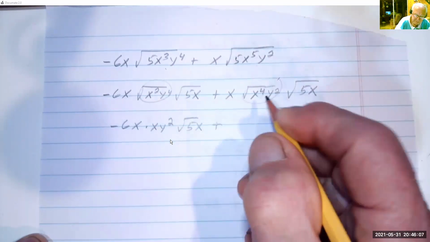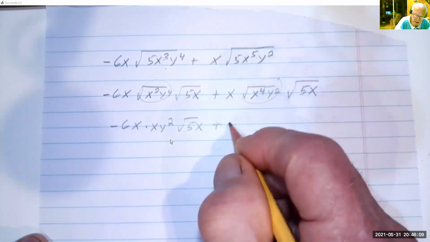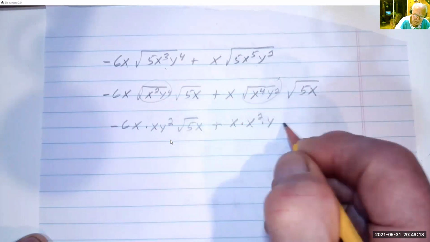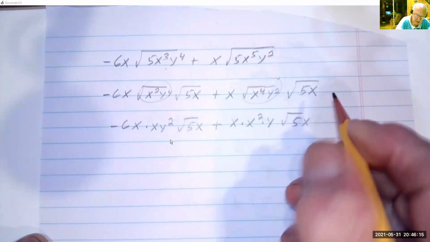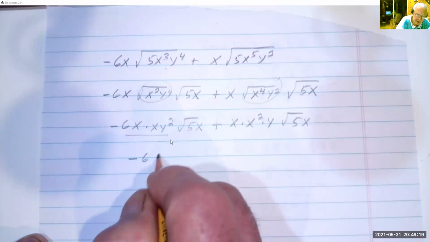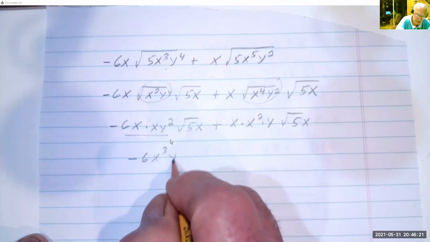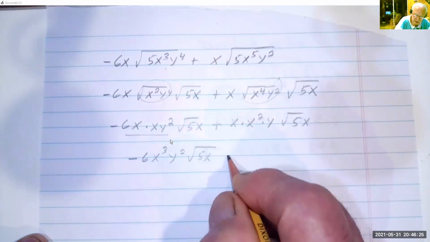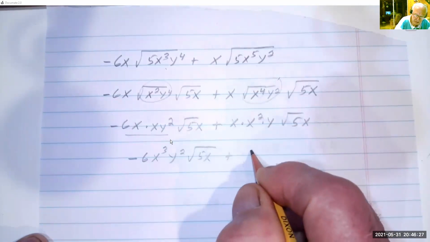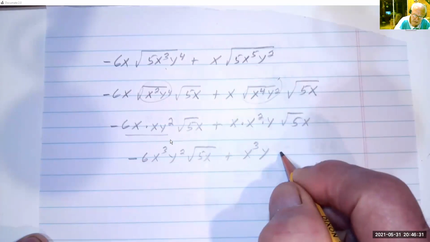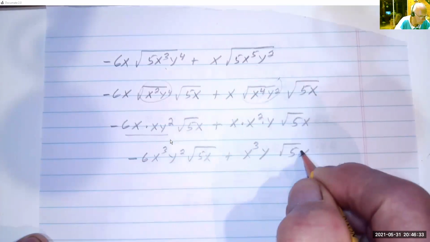plus x times x squared times y square root of 5x. We can do this multiplication, which is negative 6x cubed y squared square root of 5x, and this would be x cubed y square root of 5x.